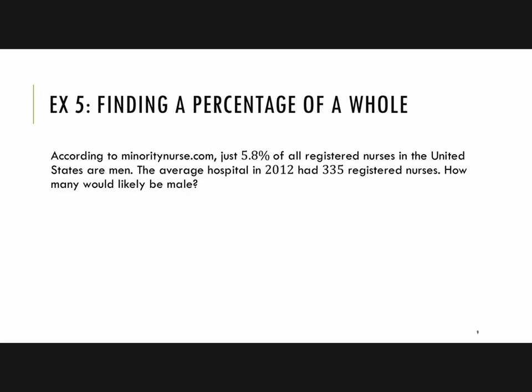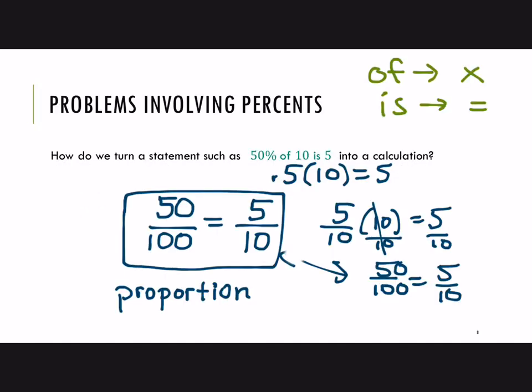Okay, so in these word problems, we need to write a proportion or an equation. So your proportion will always look like a percent over the number 100. So in our last example we had 50. 50 was the percent. Okay.